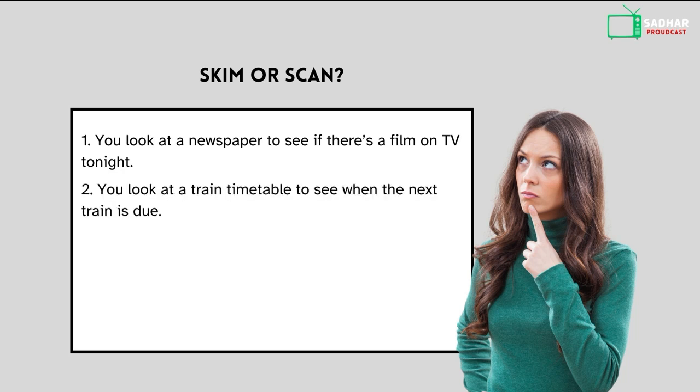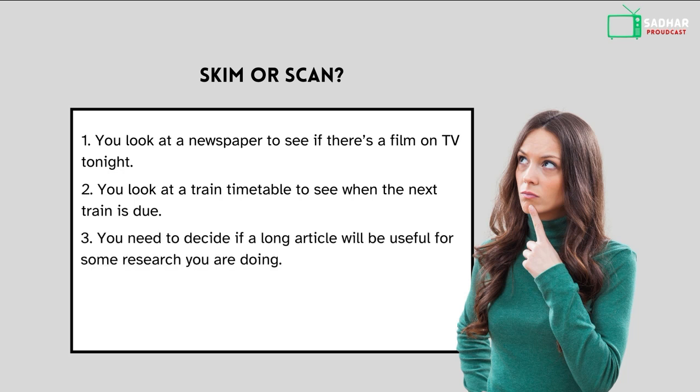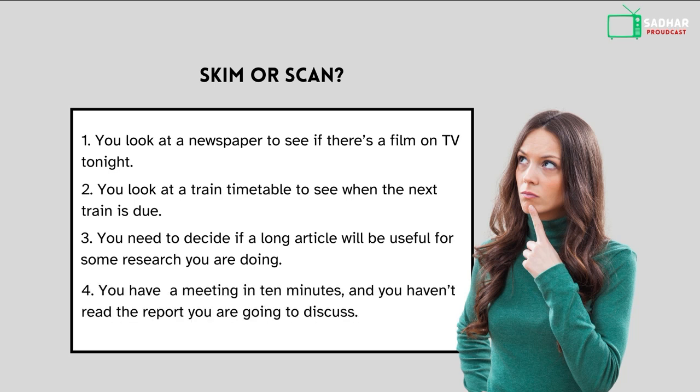Number 2, you look at a train timetable to see when the next train is due. Number 3, you need to decide if a long article will be useful for some research you are doing. Number 4, you have a meeting in 10 minutes and you haven't read the report you are going to discuss.